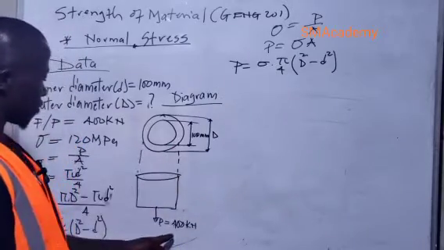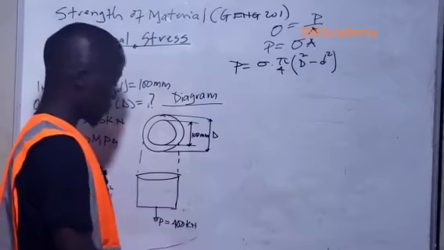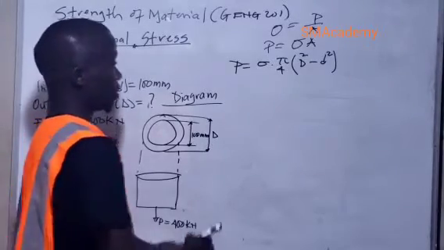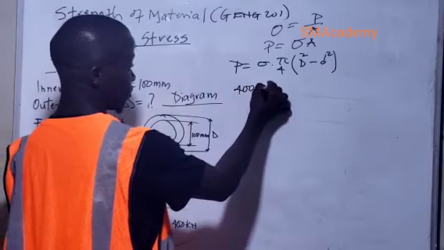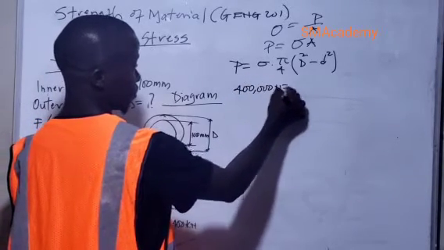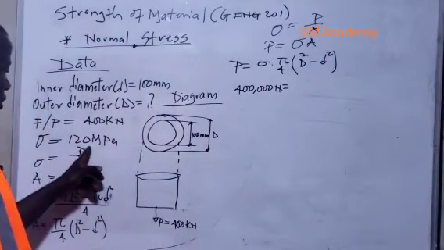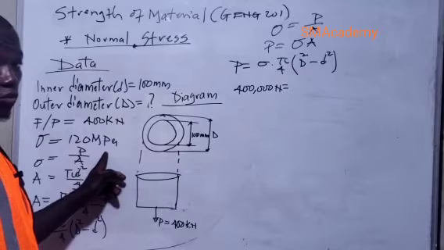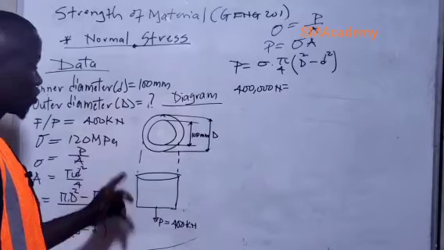So now we can substitute the values. The force is equal to 400 kilonewton. But you know kilo is very simple, 1,000. So 400 times 1,000 is 400,000 Newton. The stress is equal to 120 megapascal. For every pascal we have 1 Newton per meter square.